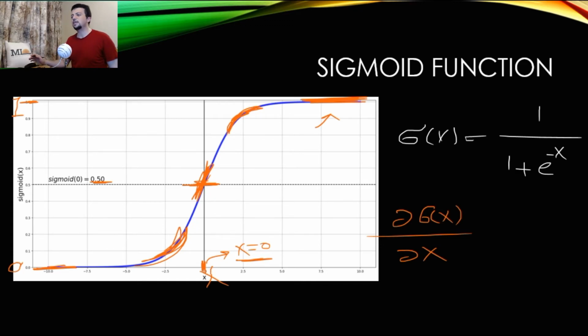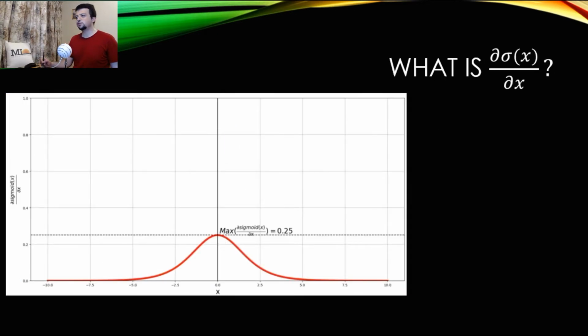Now, what happens if I actually mathematically compute this partial derivative and plot the result? Funny enough, the plot looks something like this. Very interesting. It looks like some sort of Gaussian function, and this is the partial derivative of sigmoid with respect to its input. Now you notice that at x equals 0, we have the highest amount of gradient, which happens to be exactly 0.25, right?